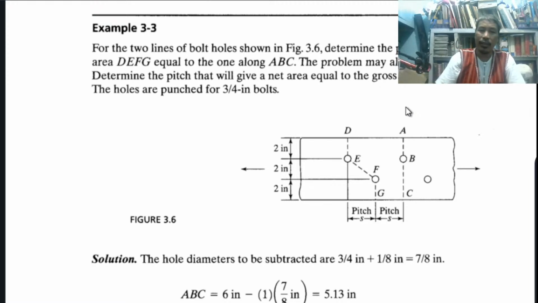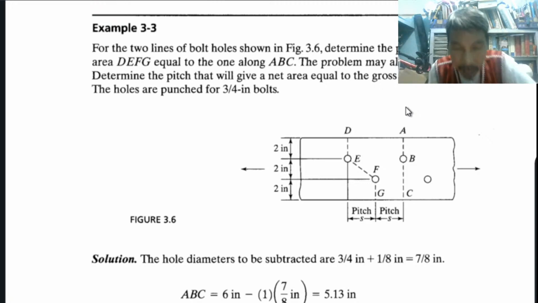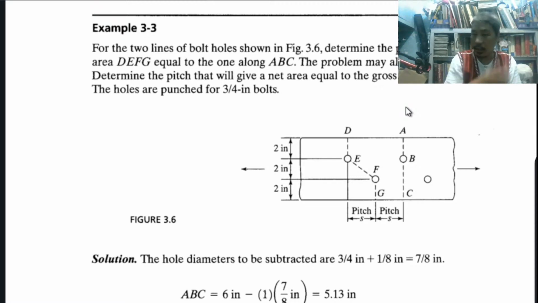So we will just compare the length of the paths. Whichever is the shortest path is the critical one. But here, we will make both paths critical by making them equal to each other.